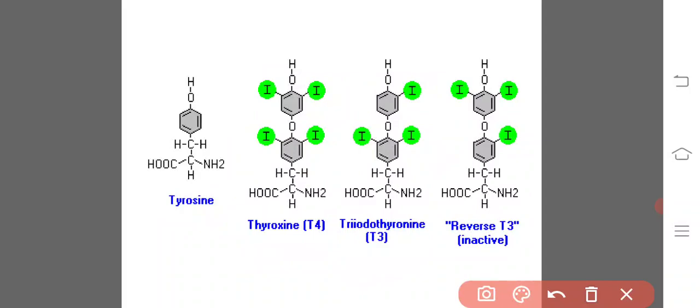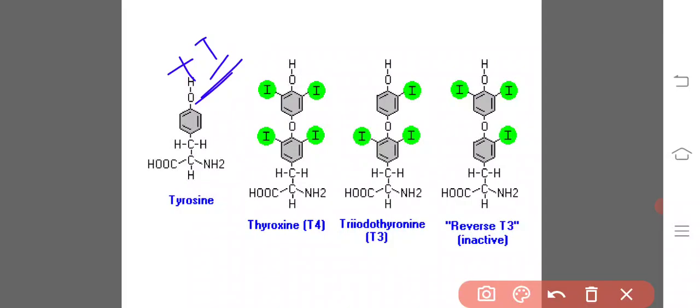Iodine atoms are bound to a few of the tyrosine amino acids of the thyroglobulin, producing monoiodotyrosine first, which has only one iodine atom. So tyrosine gets attached to only one iodine first, thereby becoming monoiodotyrosine. Then it becomes diiodotyrosine, which has 2 iodine atoms.